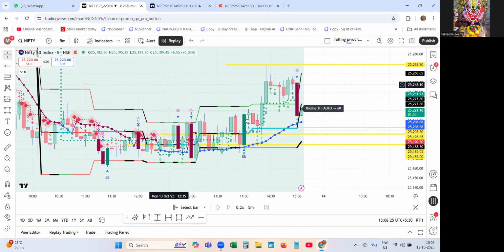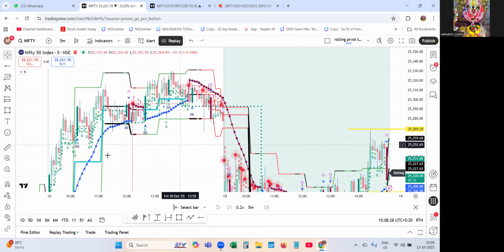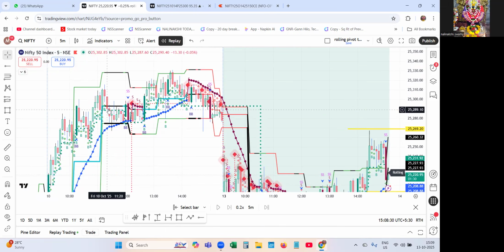It has to happen. If you go back to this area, pivots were rising, and while closing, actually the pivots came down, they became all red before the close. This was the last candle yesterday, on Friday, and price had closed below the pivot.